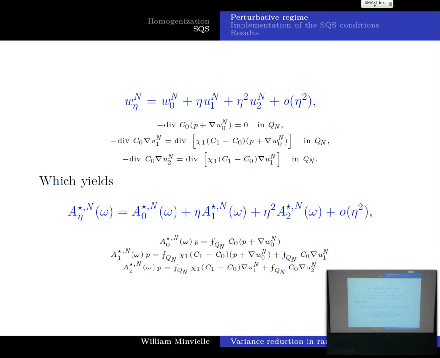This is very painful to compute, the second corrector, let's say, in this extension. Here I've got a product of C1 minus C0 times this guy. This is a bit difficult. But on the theoretical side, it's possible, but then the approach loses its merits, let's say.